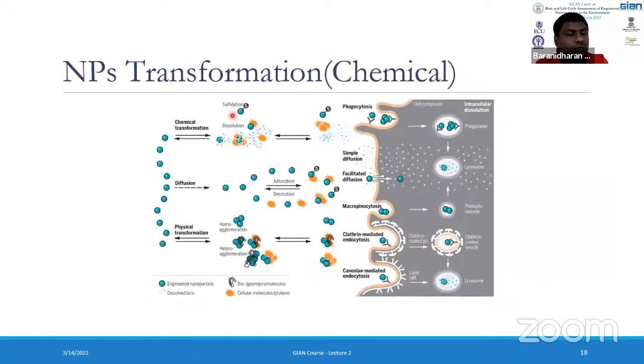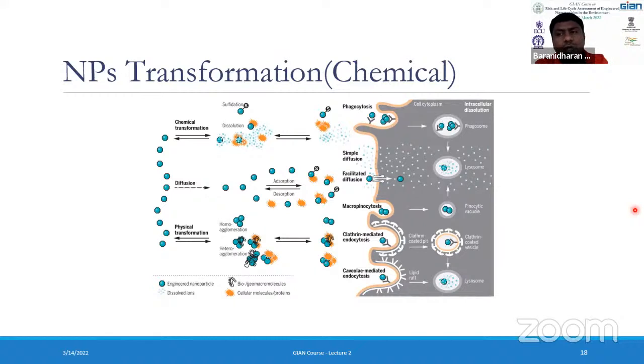So when it comes to the transformation of these nanoparticles, we have already looked into the chemical aspect. Chemical transformation can happen through oxidation-reduction reactions in the environment, which we call redox reactions. Dissolution, so again the particles discharging ions. Adsorption, the particle getting onto any surface.